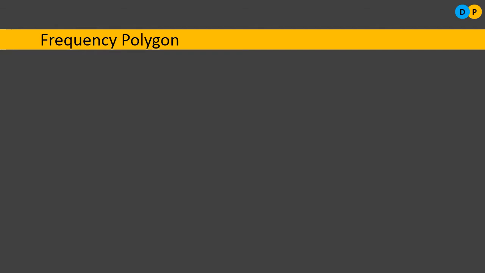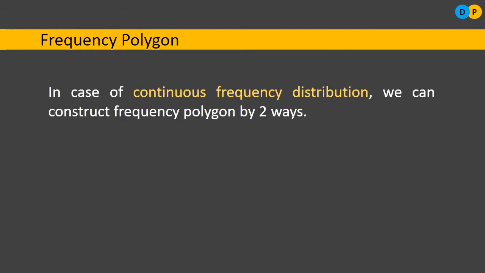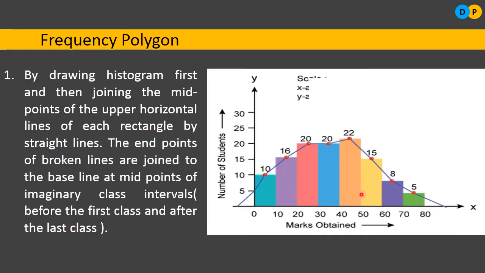Now in the case of a continuous frequency distribution, we follow two different methods. Here is the first method. First we construct the histogram, that is, we first erect rectangular bars.